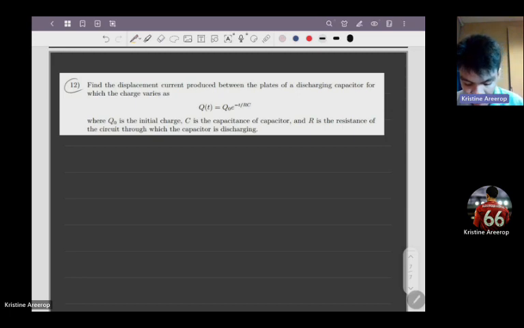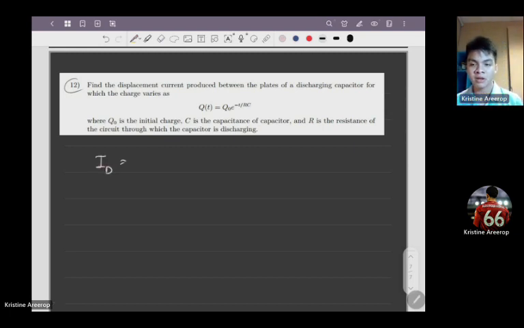C is the capacitance of the capacitor, and R is the resistance of the circuit through which the capacitor is discharging. In this problem, I want ID again.